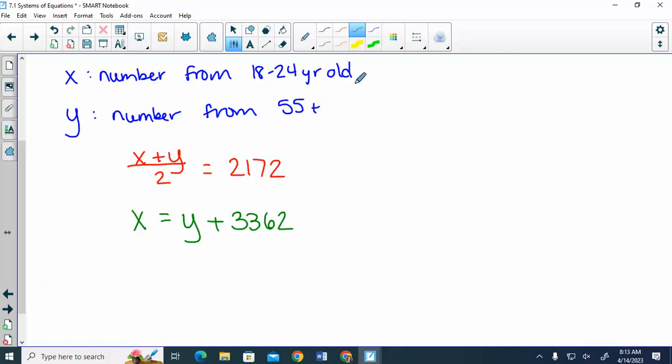Okay. Substitution or elimination, what's going to be our best option? Substitution. I have my x already, so I'll just plug that into the first one. Can you get rid of the denominator first? Yeah, I probably would.